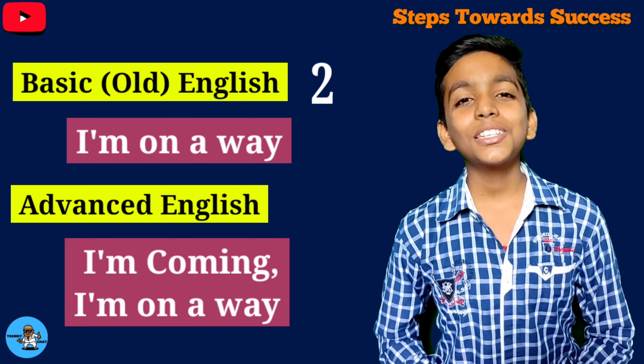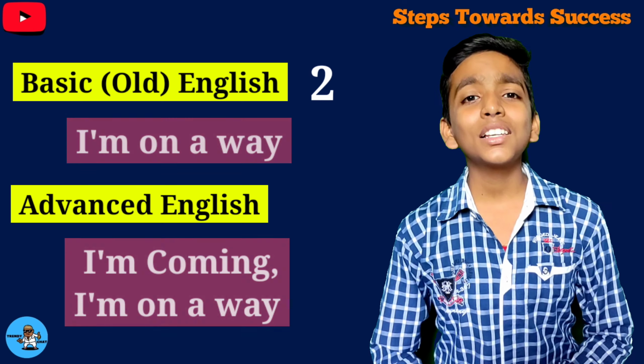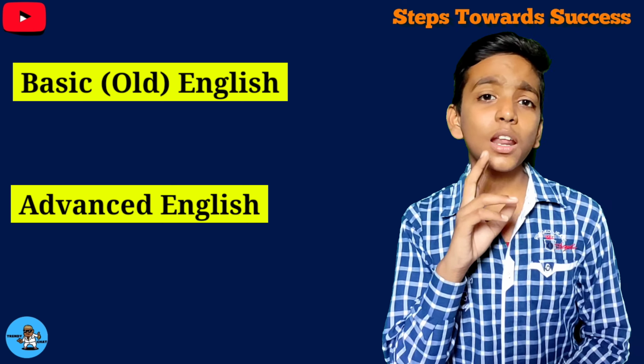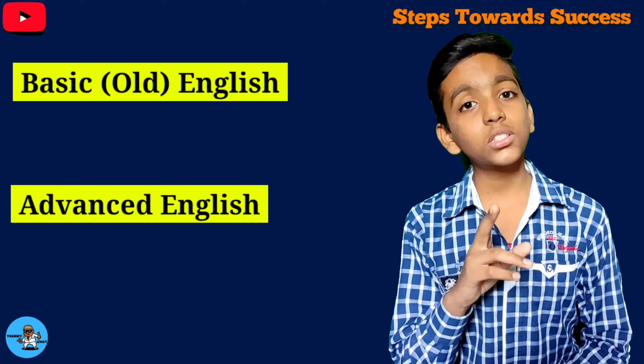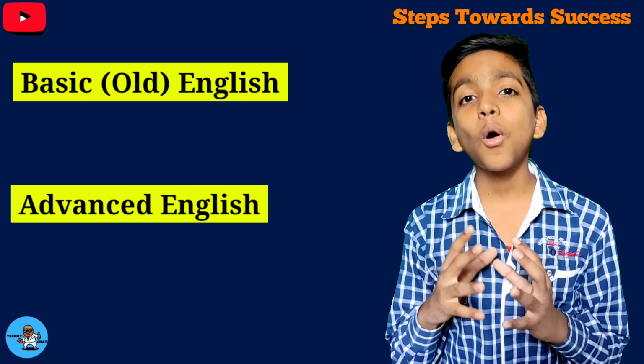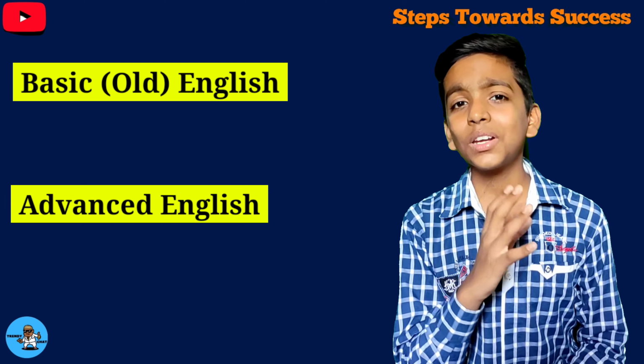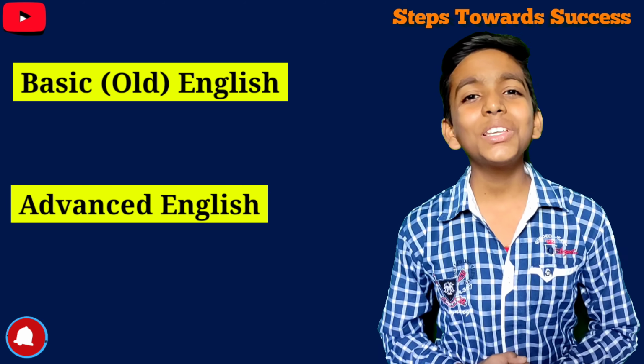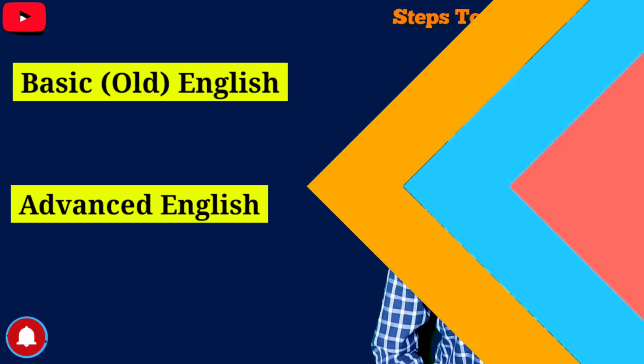That's why I am suggesting you that please use Advanced English, because it will make an impression among other people, as I mentioned before also, but you will also going to describe more about something or a particular person or anything. So please use Advanced English.